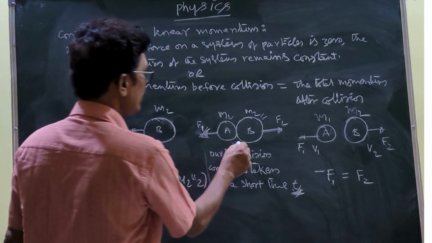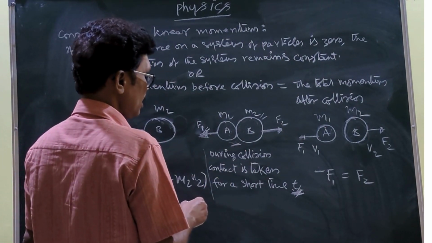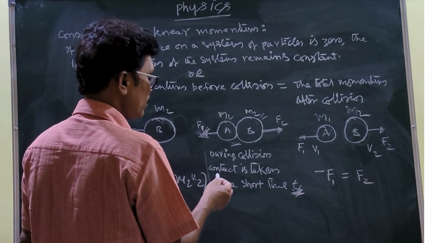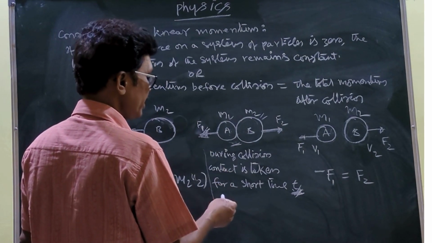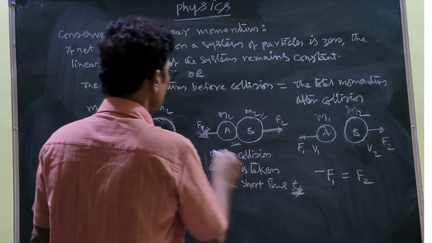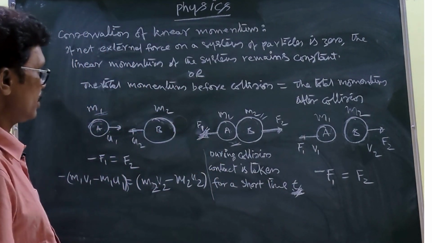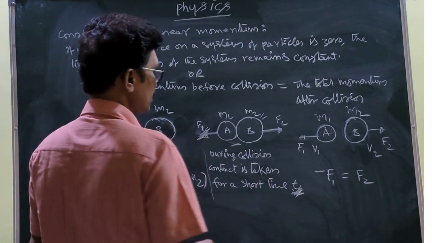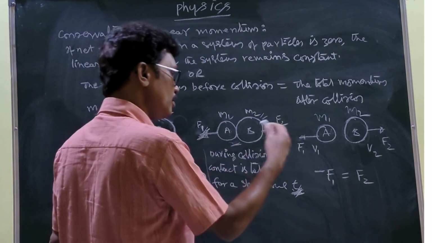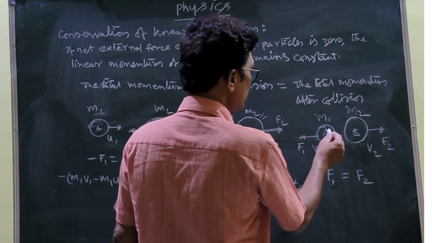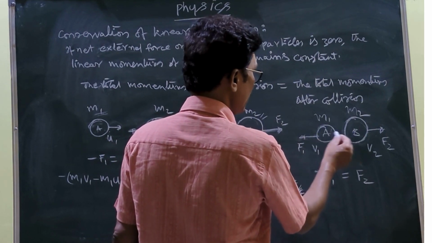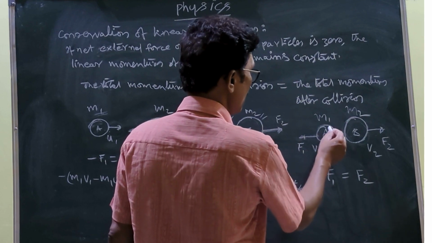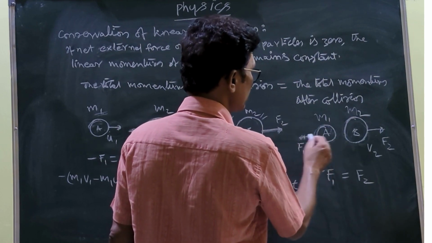So during the collision, a short time t is taken, and only then does the force come into the picture. Once the collision is over, because of the force F1 exerted by B on A, this object moves in this direction, and because of the force exerted by A on B, this object moves in this direction.